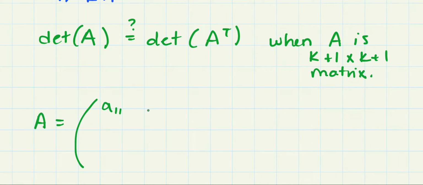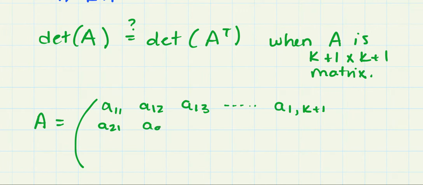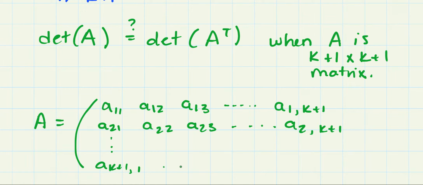So A is A11, A12, A13, all the way to A1 k plus 1, then A21, A22, A23, A2 k plus 1, and we continue this like so.